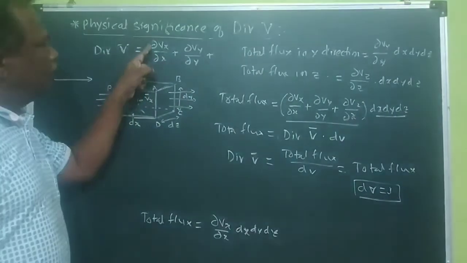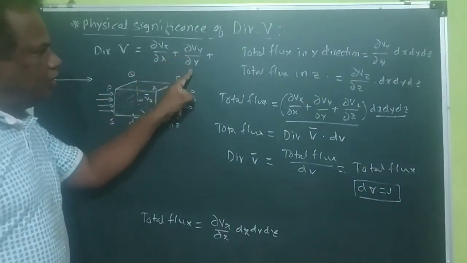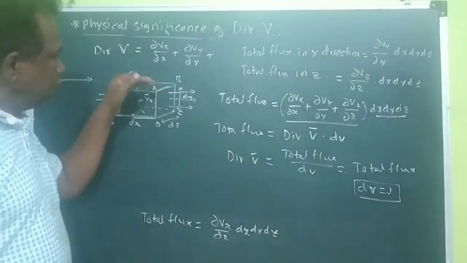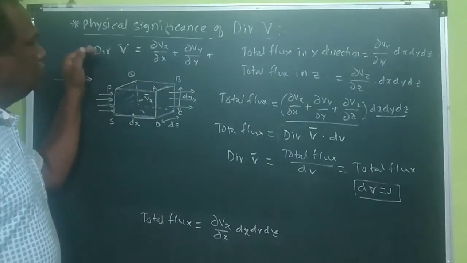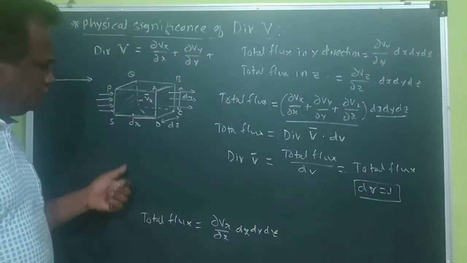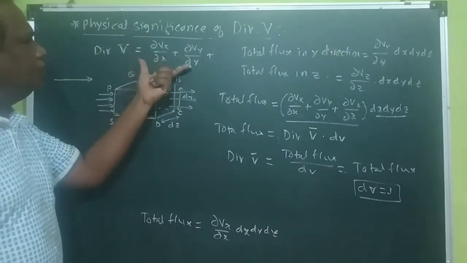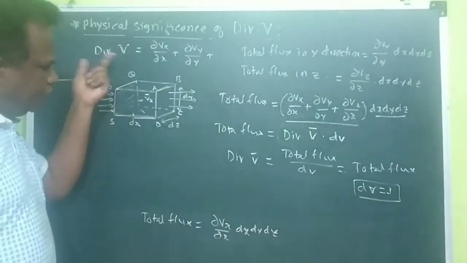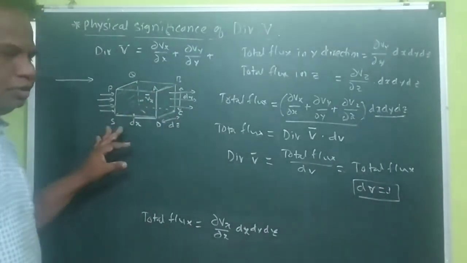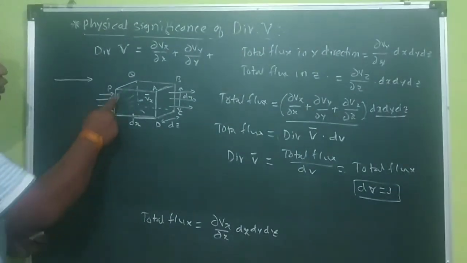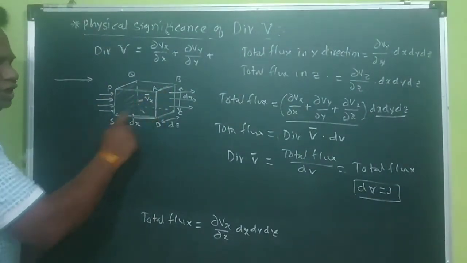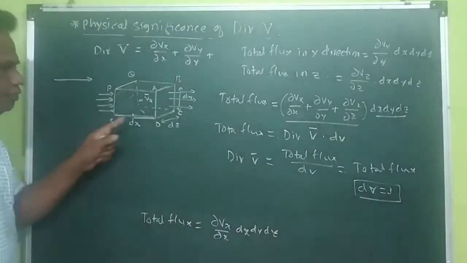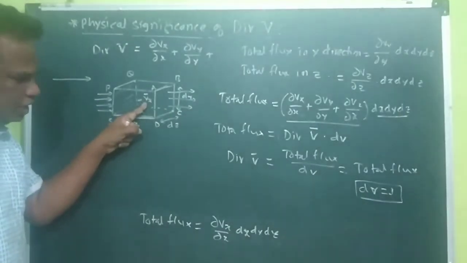This gives ∂Vx/∂x plus ∂Vy/∂y plus ∂Vz/∂z. What are we finding? What is the physical significance of divergence of V? To find it, we have considered the cubic form, that is the faces PQRS and ABCD. Then we have considered the variation of the vector field in the x direction, that is Vx.